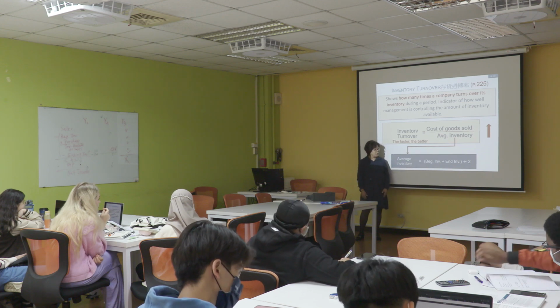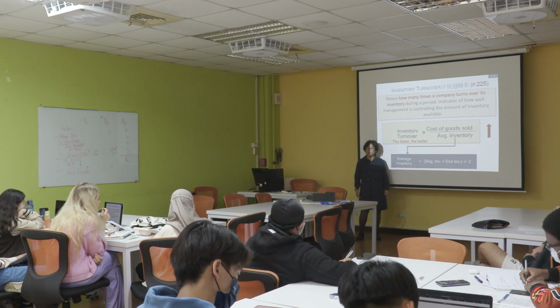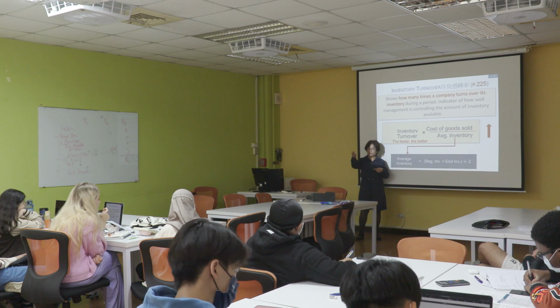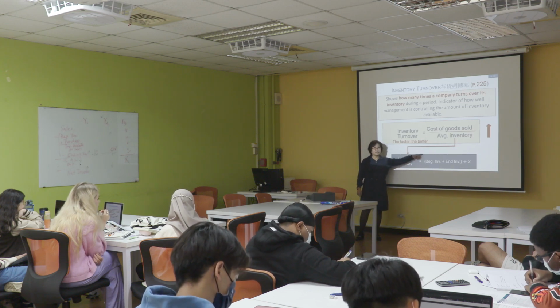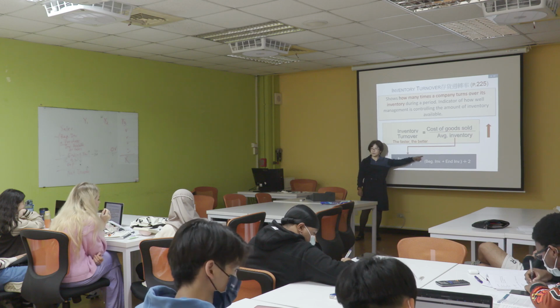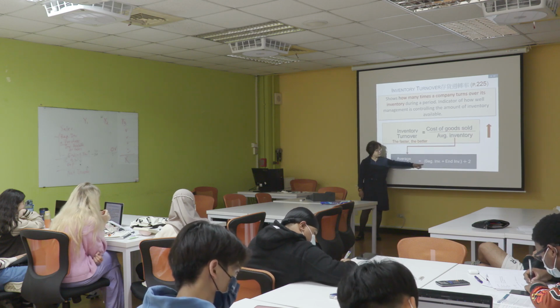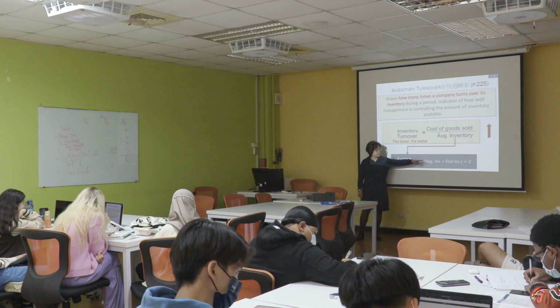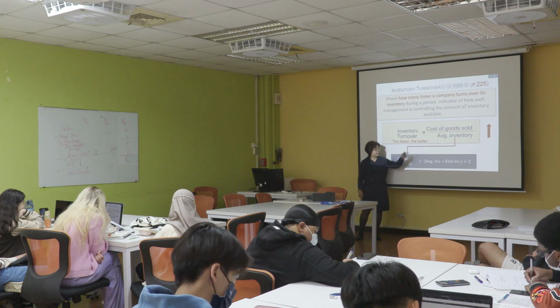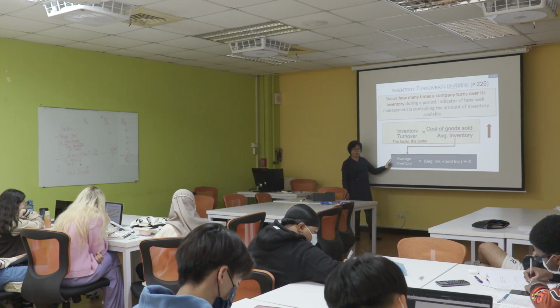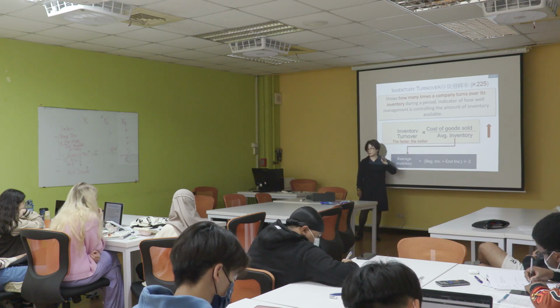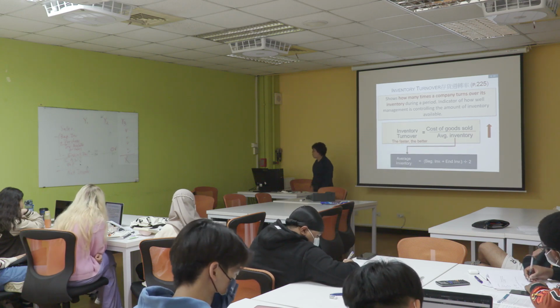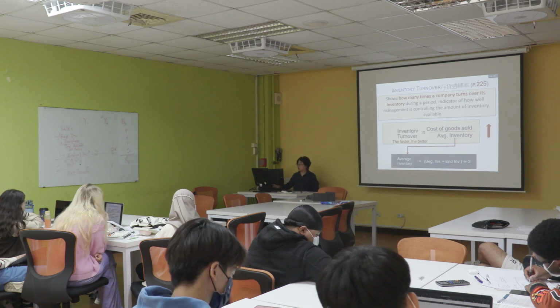If you don't know, how do I know the beginning inventory? Just check the prior year's ending inventory, same number. Beginning is the last year's ending inventory. So this year's beginning inventory added up with the ending inventory divided by 2. So you have to do this correctly first, then go to the formula. So this is what we call inventory turnover.